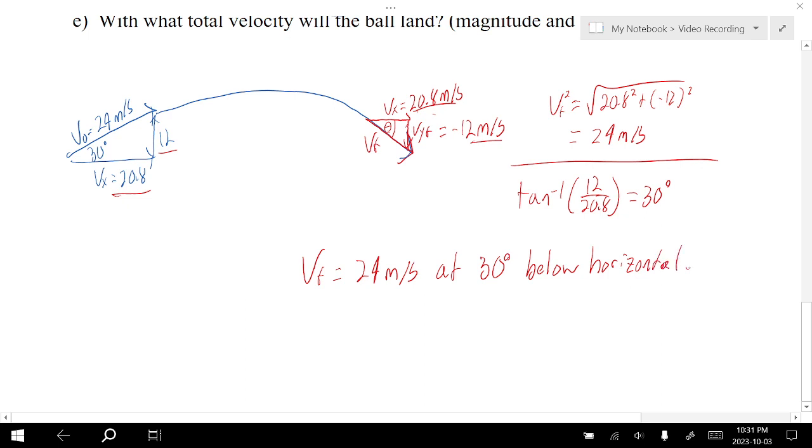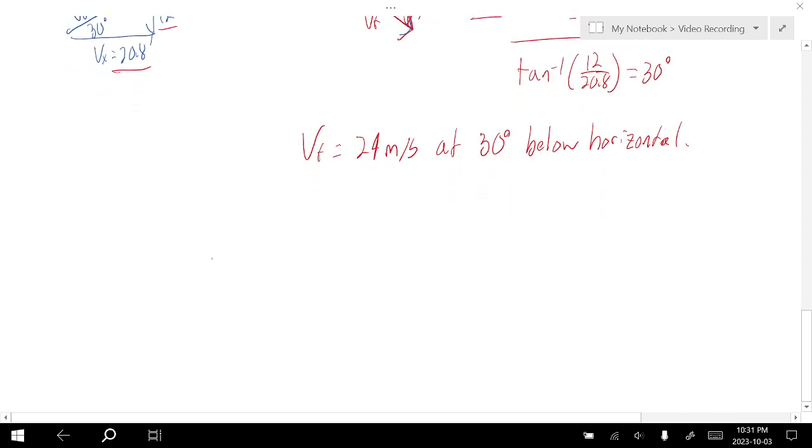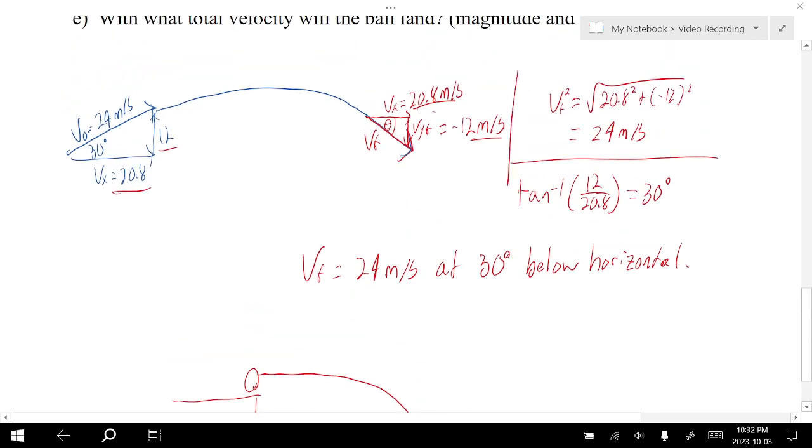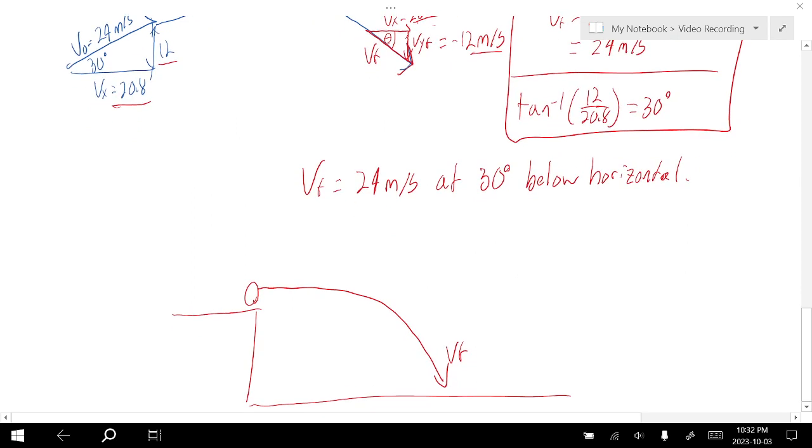Now, this may have seemed a little bit useless that we calculated the same value that is symmetrical on the other side, but if we were standing up in the bleachers and we threw a football off to a lower height and we wanted to find this final velocity, then the process that we've practiced here of using Pythagoras and tangent to find the final velocity would be useful, because we wouldn't know what the final velocity value is.